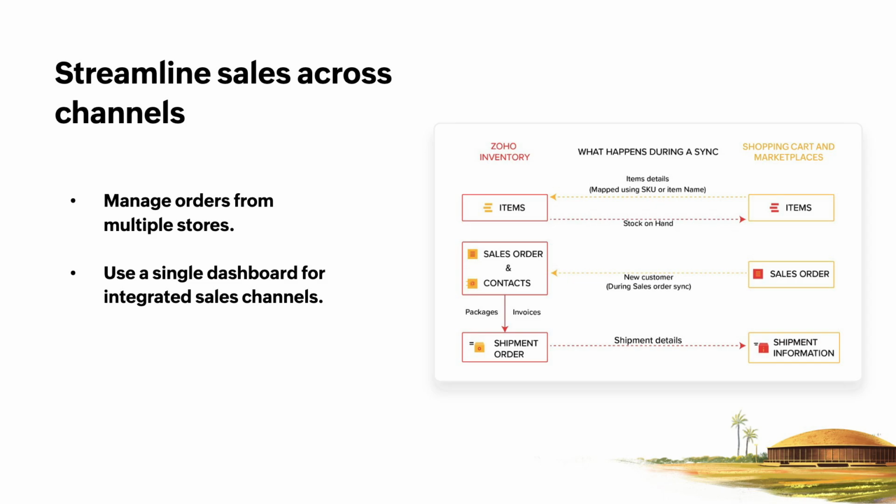So if you choose to handle fulfillment in Zoho, we'll sync back the shipment details, that is the carrier information or the tracking number, back to the respective marketplace. Or if you choose to handle the fulfillment in the respective marketplace, we'll fetch the shipment status from the respective marketplace. So this is about how the integration works, particularly in terms of multi-channel selling. And one thing I missed to mention is that we also sync the customer information along with the sales orders.